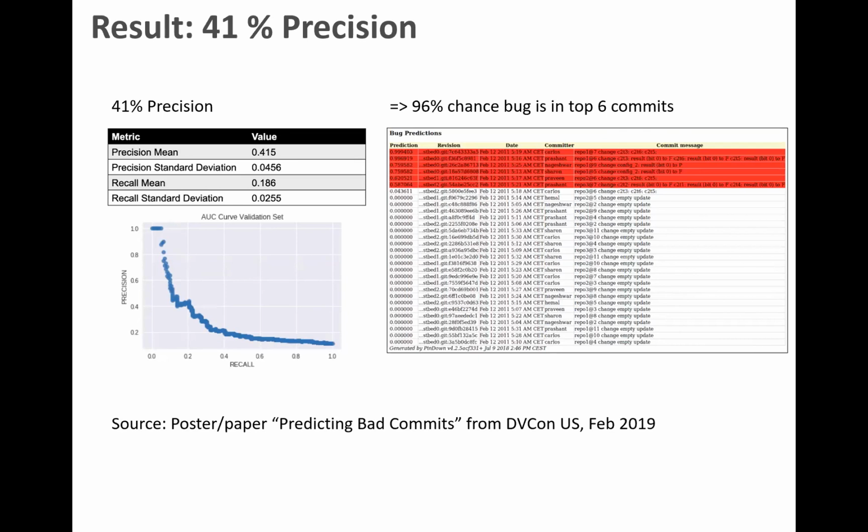So you don't have to be right for every single pick, but you can pick a subset which is much smaller than all commits, and focus on those, and then the problem becomes much smaller.